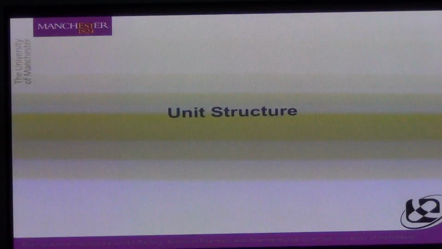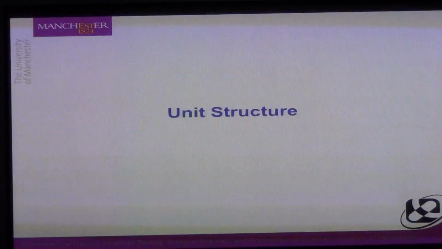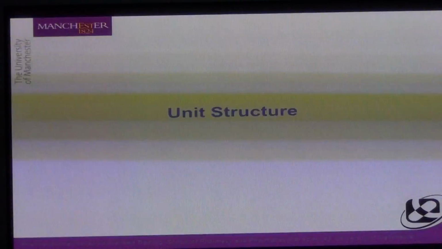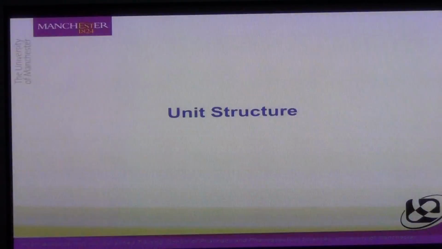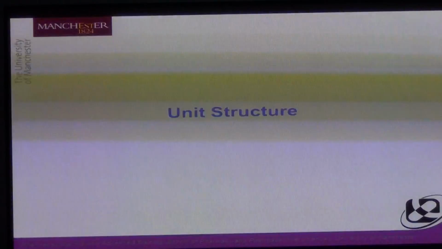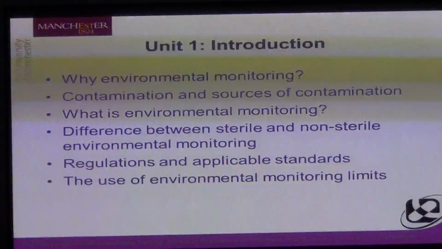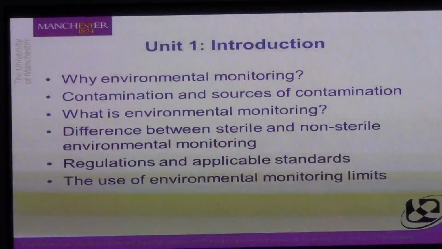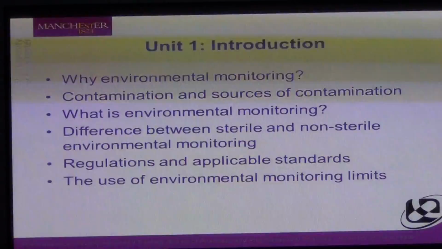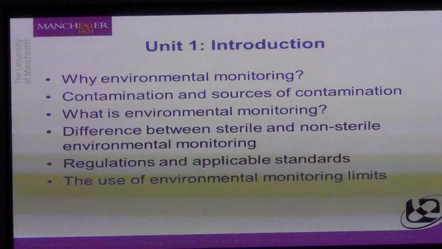Okay, having outlined the basics of environmental monitoring, I'd just like to run through the core units that make up this module and course. Okay, so Unit 1 is a basic introduction to environmental monitoring. So it considers why do we do environmental monitoring?